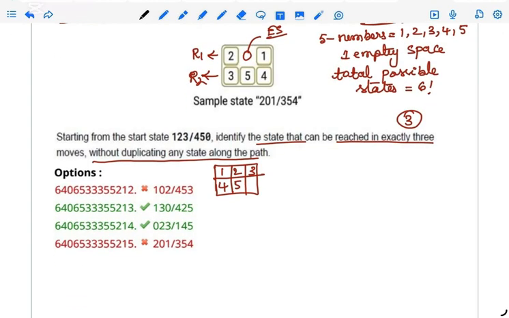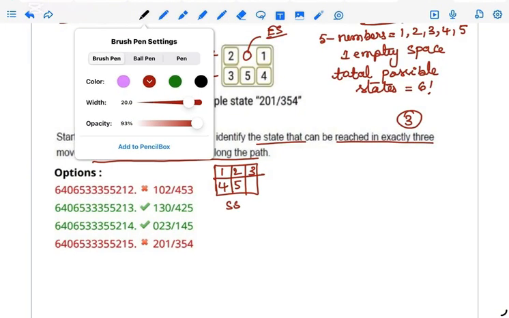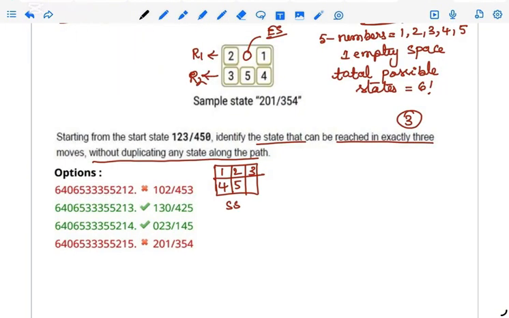This is the starting state. From the starting state, we want to reach the goal state, which is 1 0 2 4 5 3.